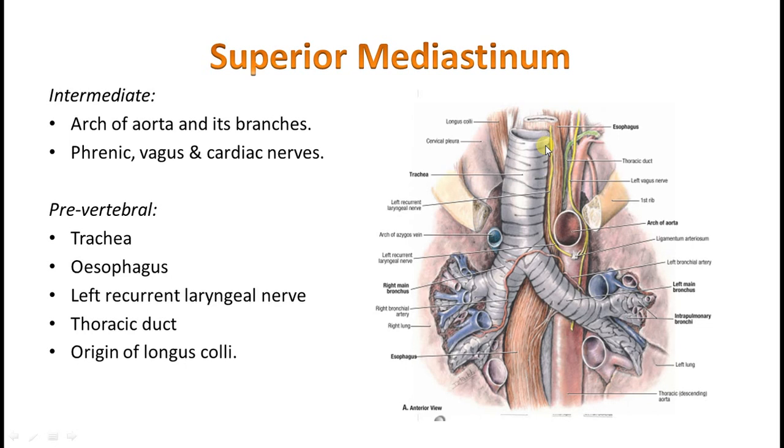So remember, anteriorly you should remember the venous structures are present: the major veins, the brachiocephalic veins of both sides and the superior vena cava. In the intermediate part you have the arch of aorta and its branches. Posteriorly you have these two major tubes, the trachea and the esophagus, with the recurrent laryngeal nerve of the left side seen in the groove between them.